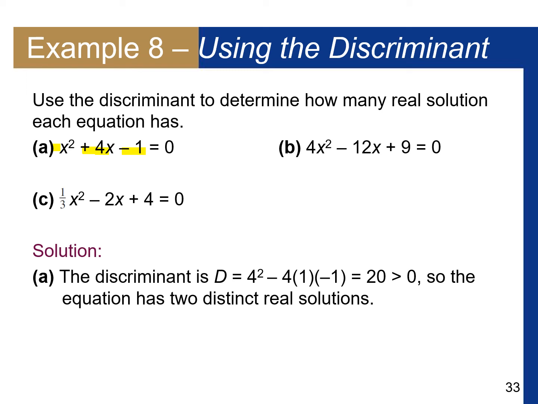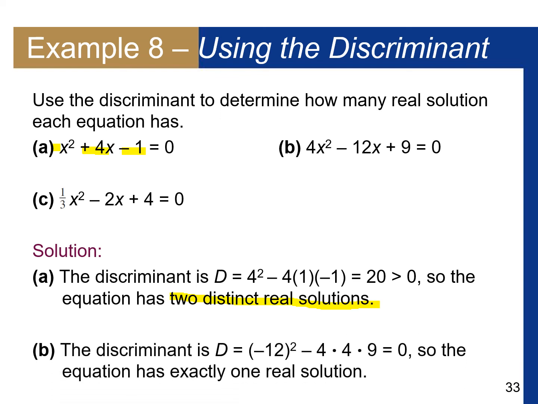And 20 is bigger than 0, so that tells me that when I figure out the answer, it has two real number answers. The second one, the discriminant is 0, so it's only going to have one real number answer. Here is my b squared minus 4ac, using my a, b, and c up here. B squared minus 4ac is 0. So one real solution.